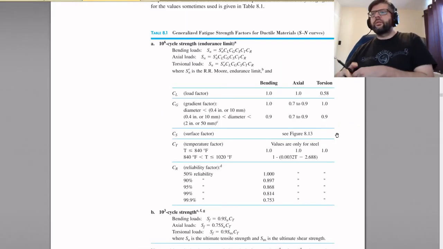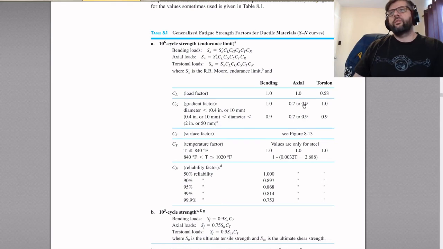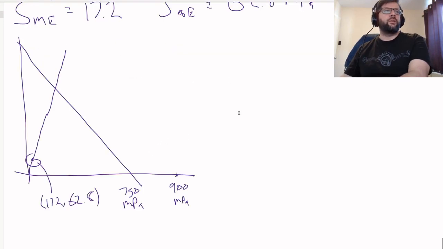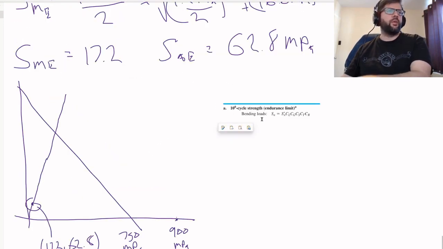So we're trying to find the safety factor with regards to eventual failure, so we're basically doing an endurance limit. We want to find the bending endurance limit, because when we do the combined stresses, it's all in reference to a bending stress.